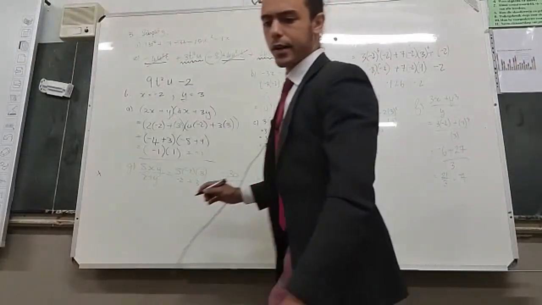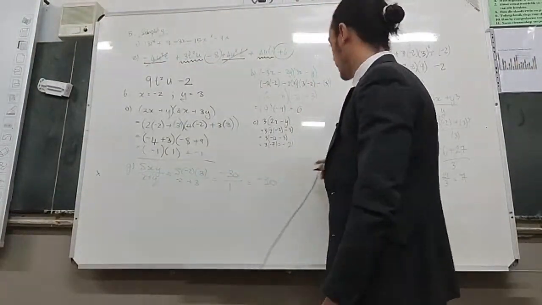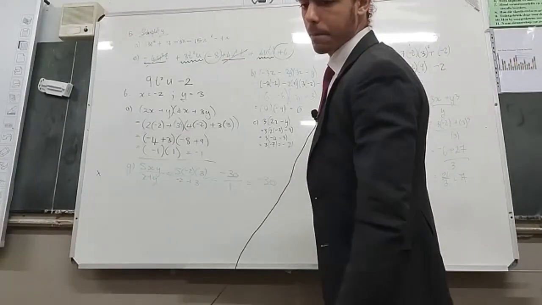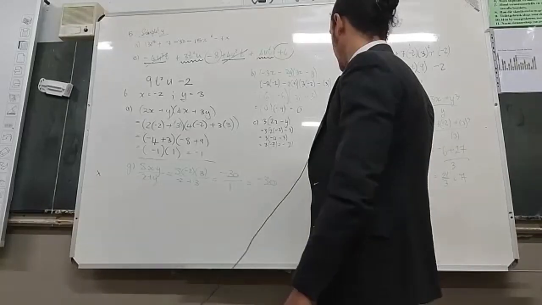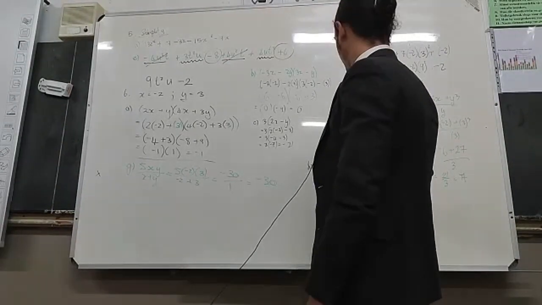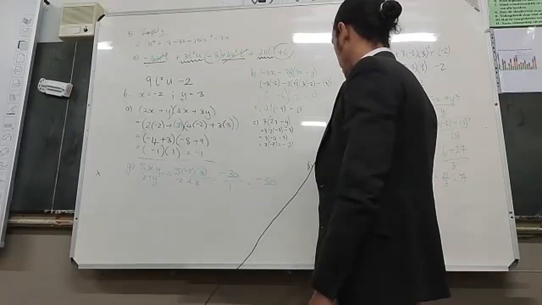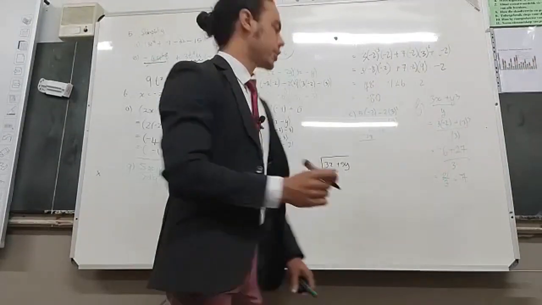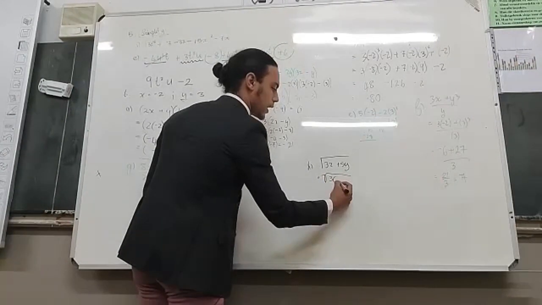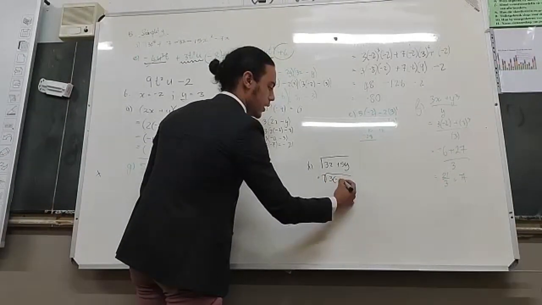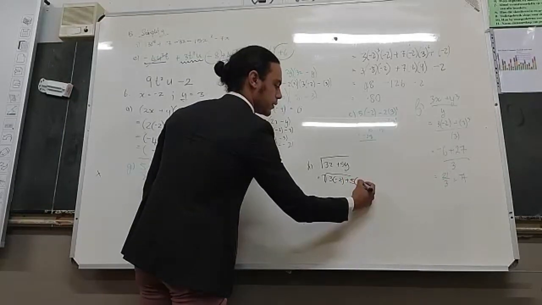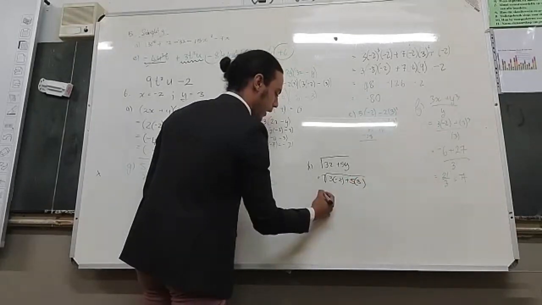Good. Moving on now, we're going to question number H. So at question number H, we have the square root of 3x plus 5y, and we're going to do the substitution now. So that's going to be the square root of 3 times negative 2 plus 5 times 3, all under a square root.